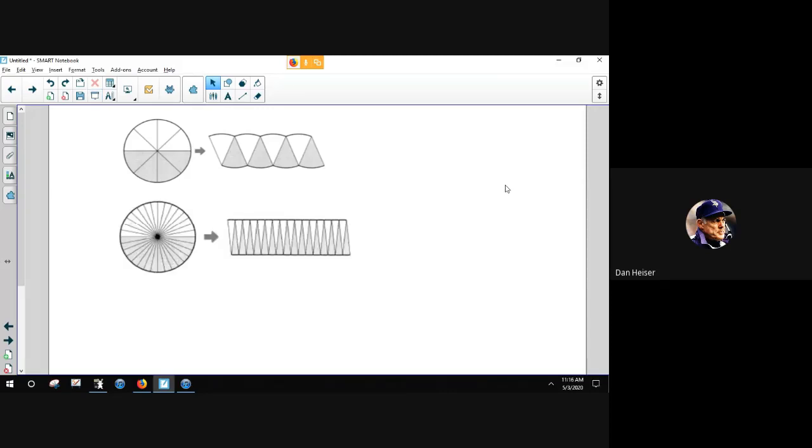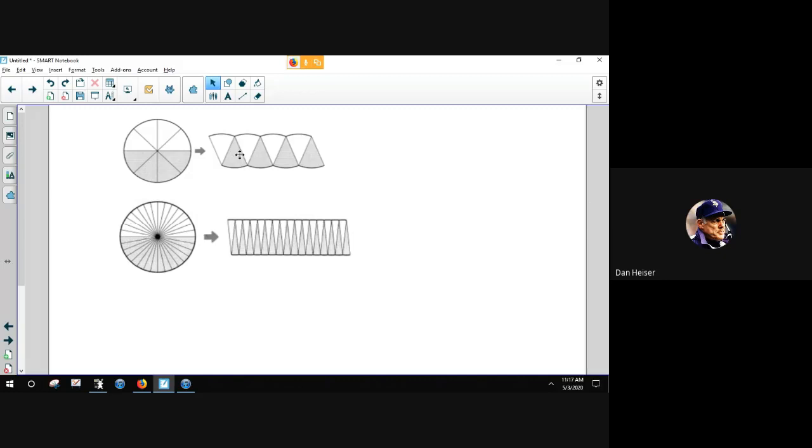And now if we take that same circle and cut it into smaller pieces, now we start to see more of the parallelogram shape. These are still little tiny curves, but the curvature has been flattened out because we made the pieces very, very small.